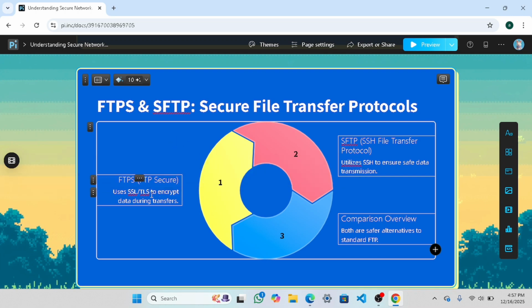It is also used in HTTPS, and it's also used in FTPS. SFTP uses SSH to ensure safe data transmission. The difference: SFTP uses SSH and FTPS uses SSL and TLS. Both are safer alternatives to standard FTP.